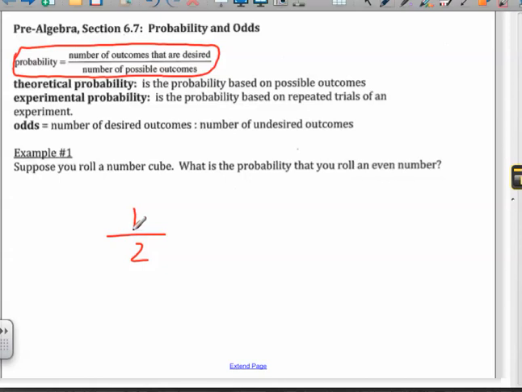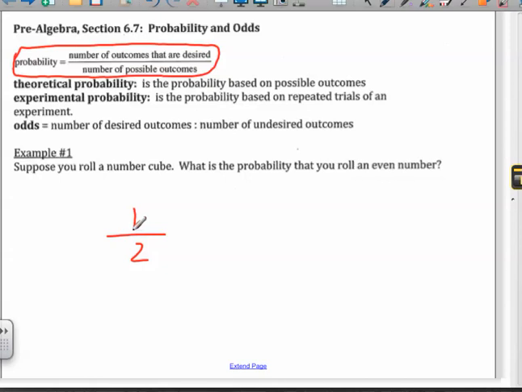Okay? So if I have a number cube or a die, if you have 2 of them, they're called dice. But if you have 1 of them, it's just a die. So I throw a die, or I cast it. Casting a die. So I cast the die. What's the probability that I'm going to throw an even number? Simon, what do you think? 1/2.